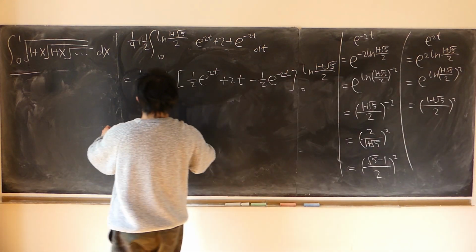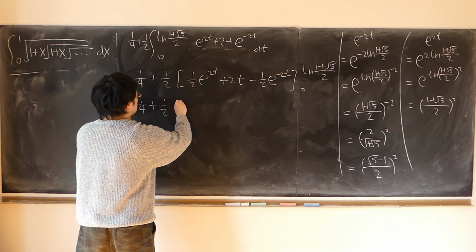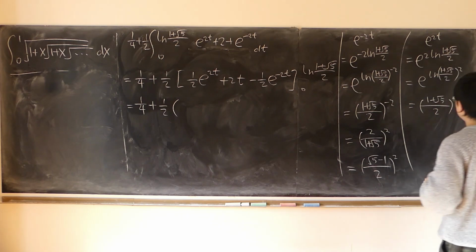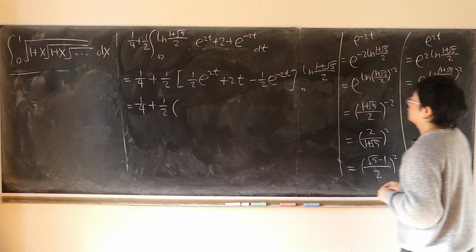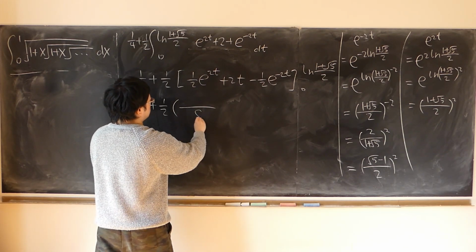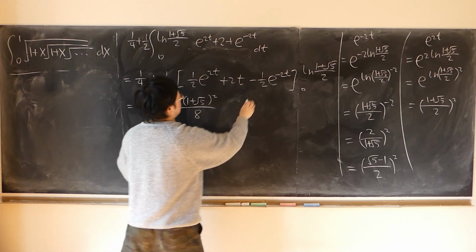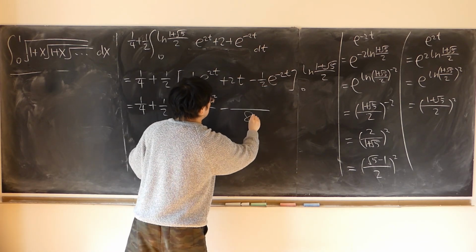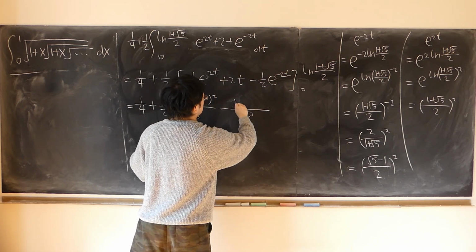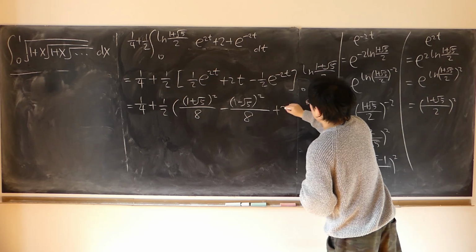So therefore we can simplify. Half times e to the half, half times this, 2 to 4, 4 times 8. 1 plus, minus this, square root of 5 minus 1, which is 1 minus square root of 5, same thing. Plus log.